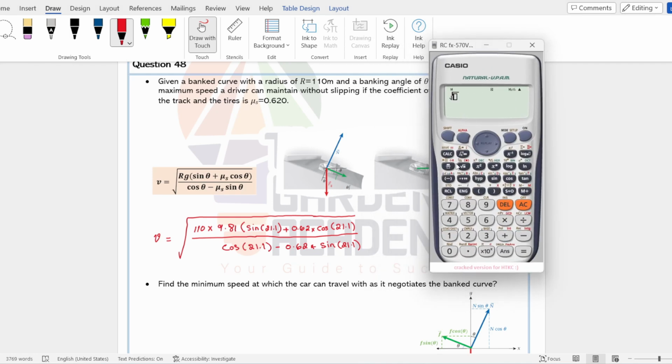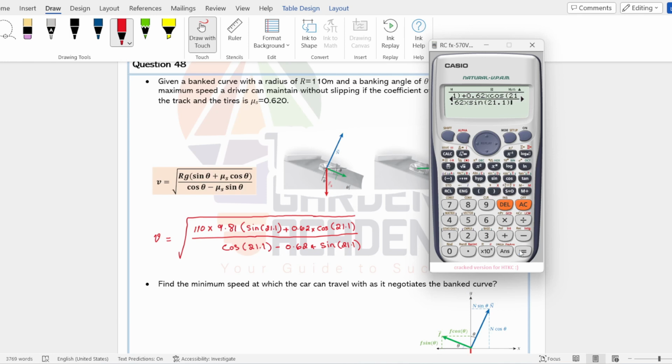So we have the square root of 110 multiplied by 9.81 multiplied by (sine 21.1 plus 0.62 multiplied by cosine 21.1), close the brackets, divided by (cosine 21.1 minus 0.62 multiplied by sine 21.1).